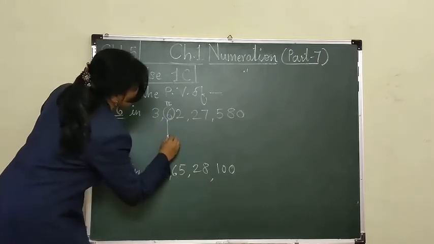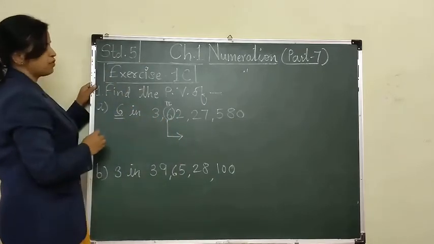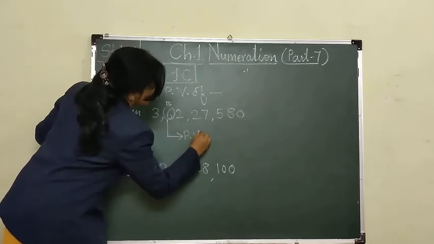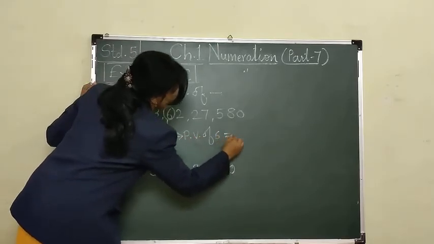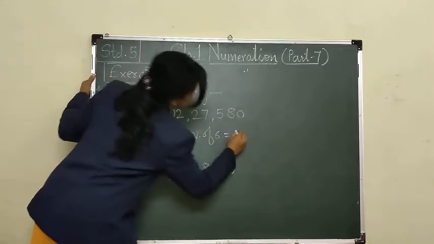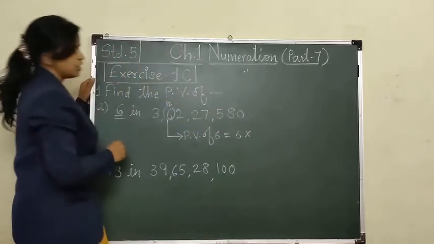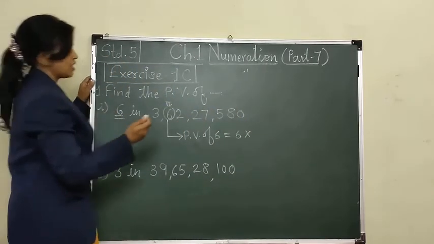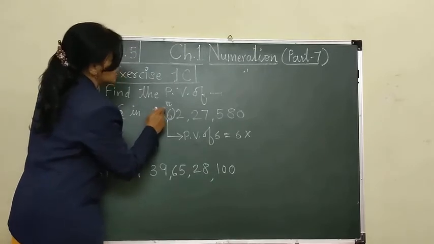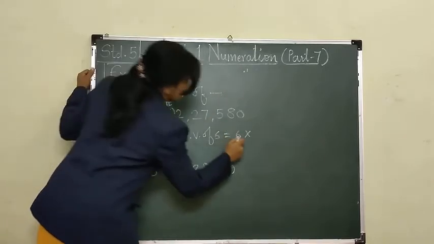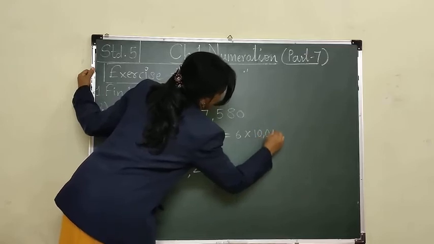According to the formula I explained before, place value of 6 is equal to the digit we have to take, the product of digit and the value of that place. What is the value of this place? This is 10 lakhs place. So 6 will be multiplied by 10 lakh.